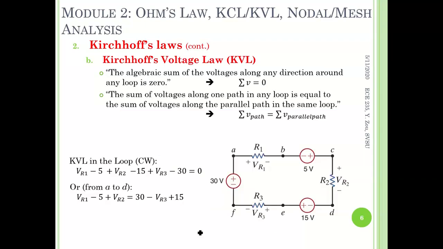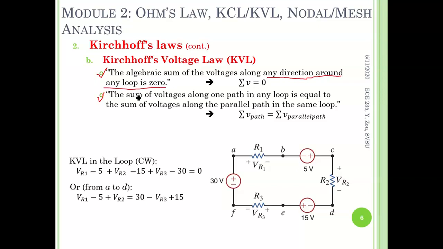So now let's take a look at the second voltage law. We call it KVL. There are also two alternative ways to describe the same nature of circuit behavior. The first statement says the algebraic sum of the voltages along any direction around any loop is 0.